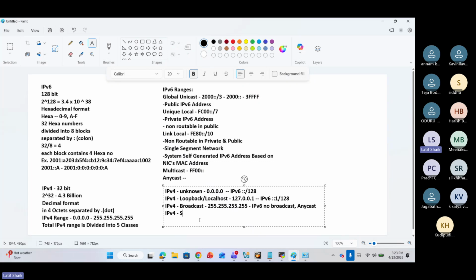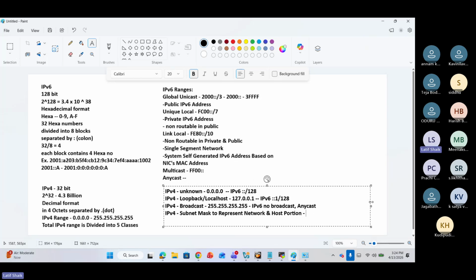In IPv4, you have a subnet mask to represent the network and host portion, to divide them.